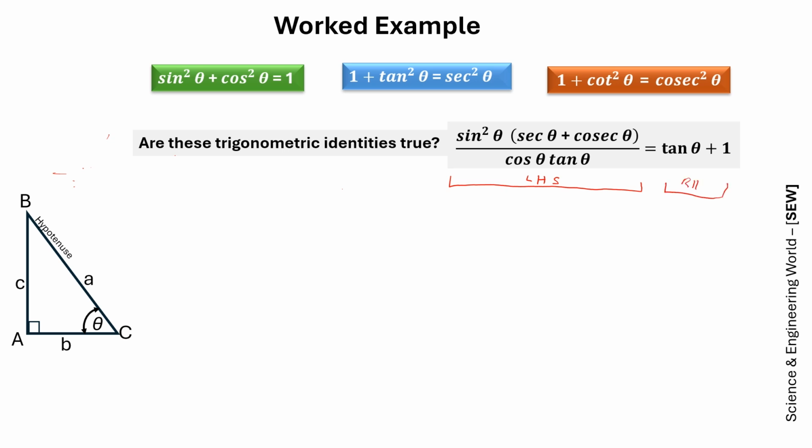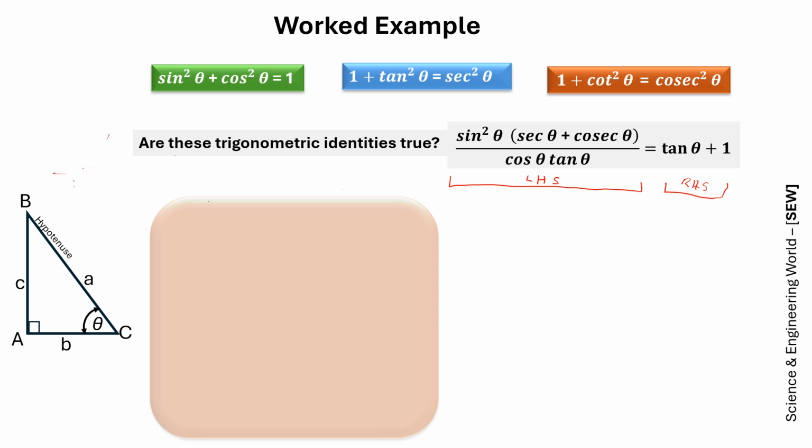So the problem is we want to prove that the right hand side equals the left hand side, and we can do it from either side. But let's look at the left hand side and prove that this is equal to what is on the right hand side.